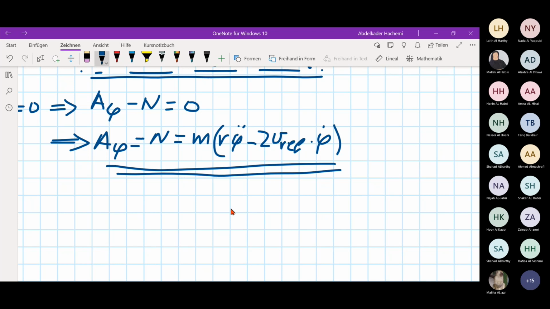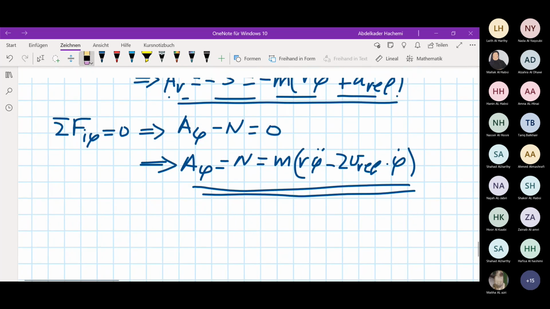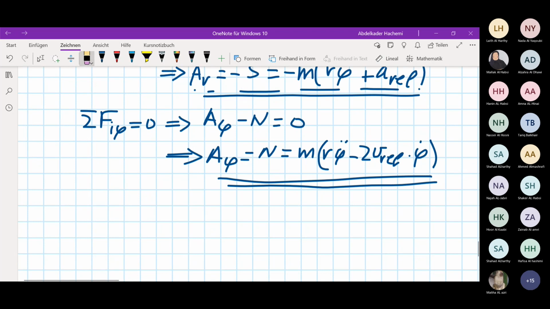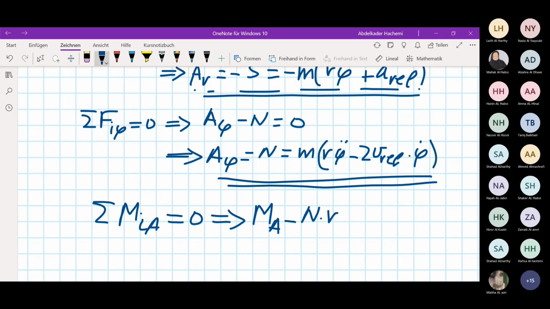Now, if we take the torque, we have the sum of the moments around the point A equal to 0. Then what we have here, we have MA minus N multiplied by R is equal to 0.